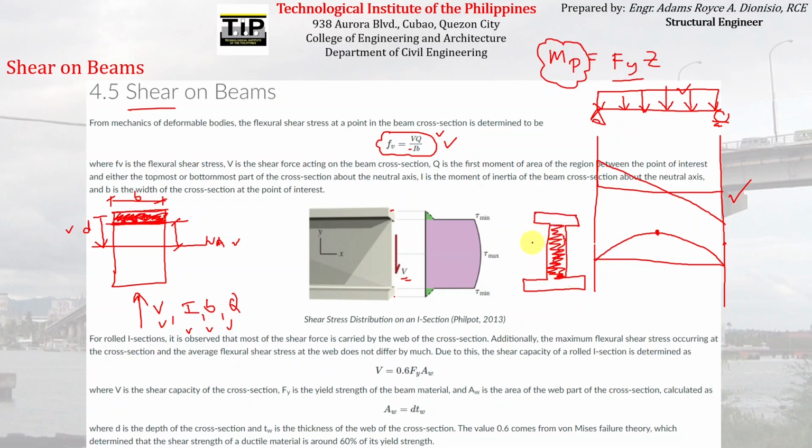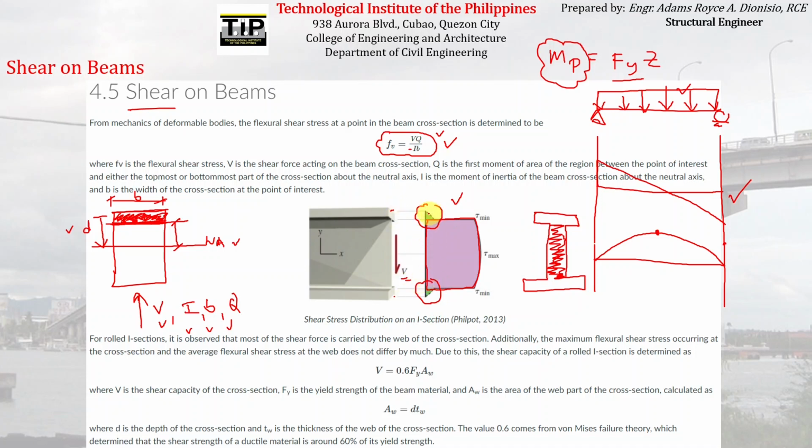The main component of the cross section that resists the shear stress is actually the web, as depicted on this diagram. You can see this portion of the diagram acts on the web, so that is the shear stresses acting on the web, while this very small portion here and here are just the shear stresses acting on the flanges.